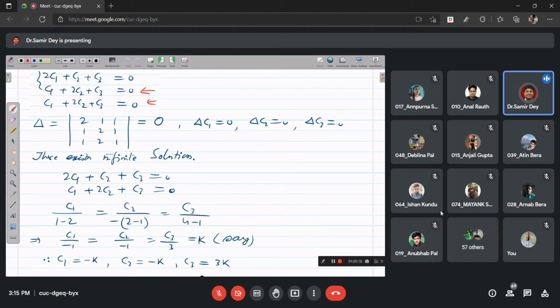Now try to understand the next part. I think the linear combination part is clear, and the linearly independent and linearly dependent part. This is a very important question; you can expect some questions from here.